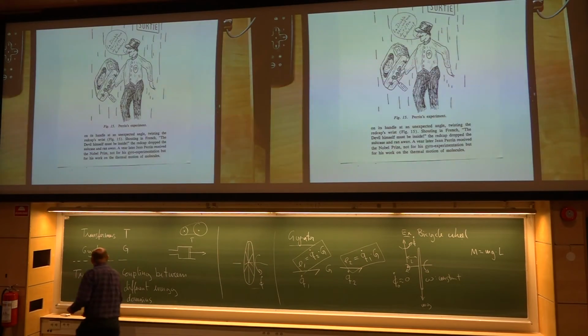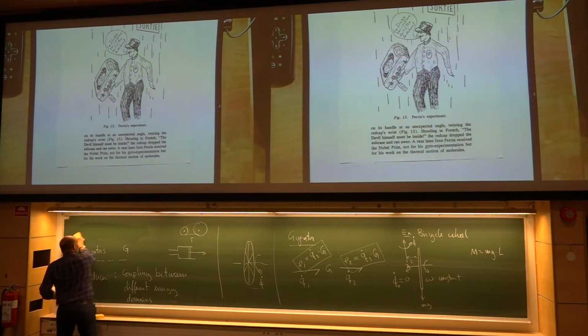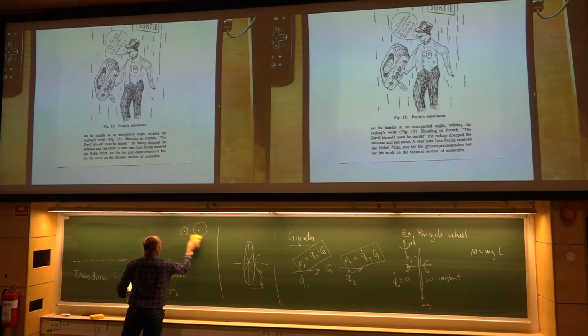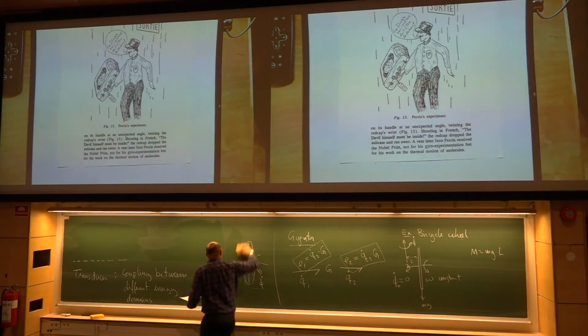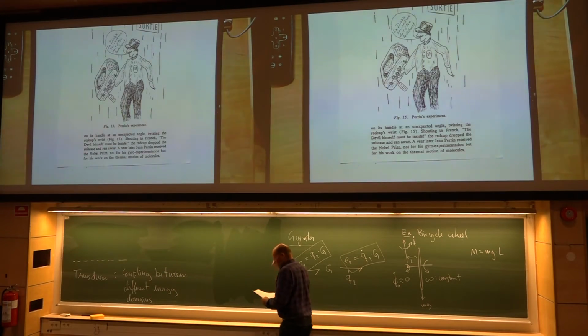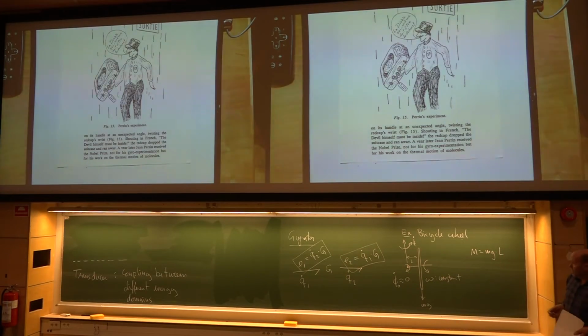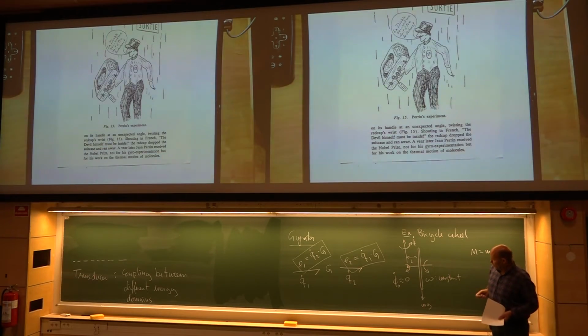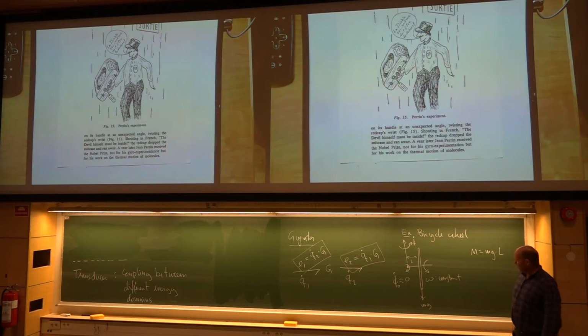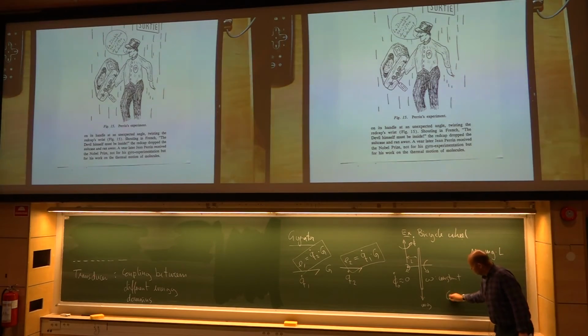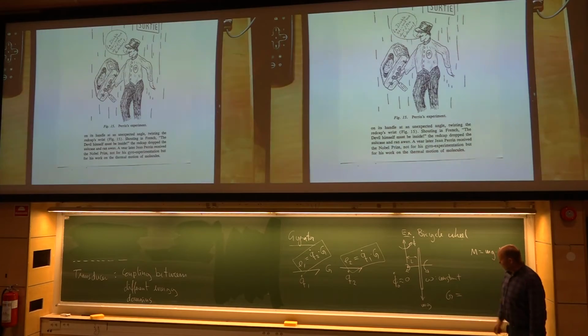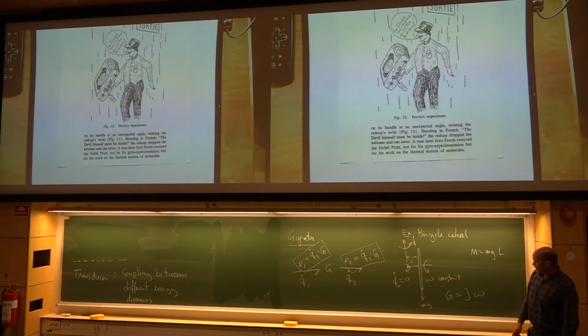So what do we get now? For this problem, I can give you the answer before we continue. The value of G is given by the angular momentum of the wheel multiplied with the constant rotational speed.